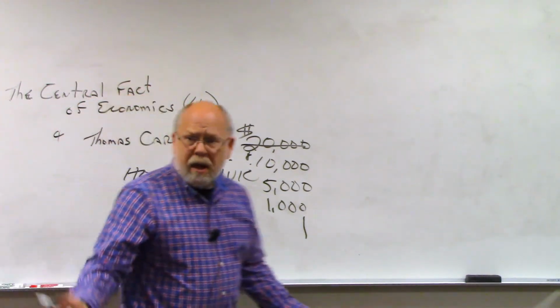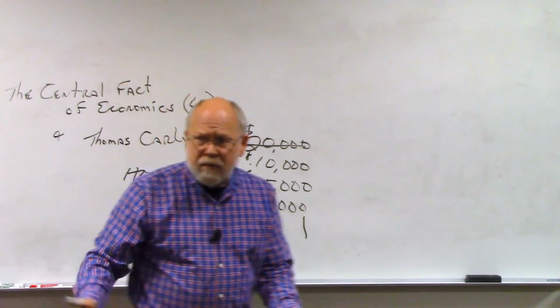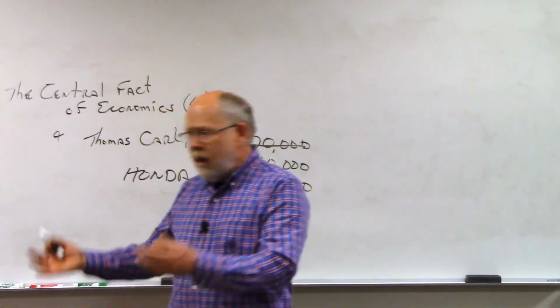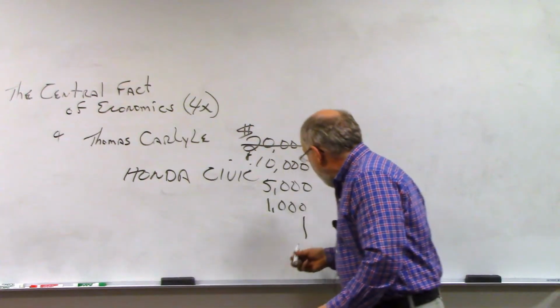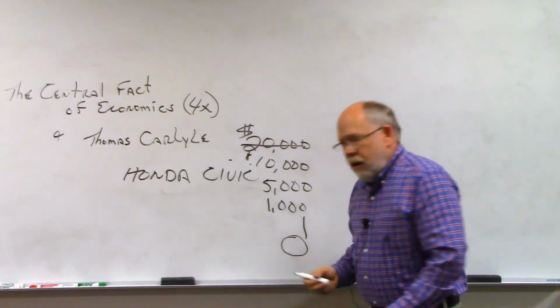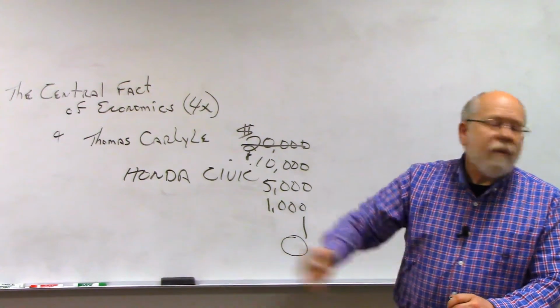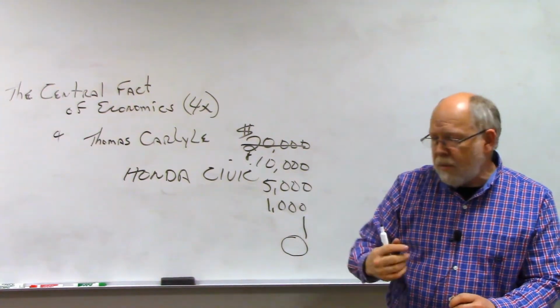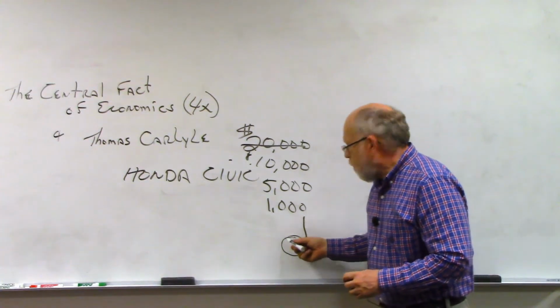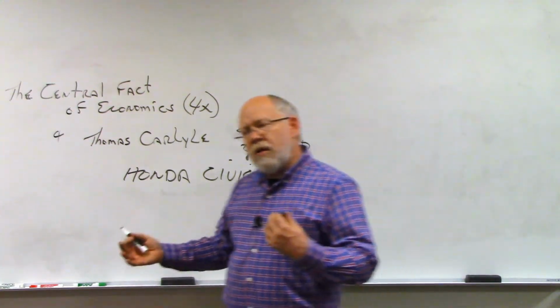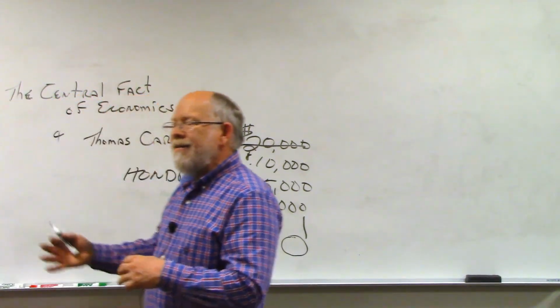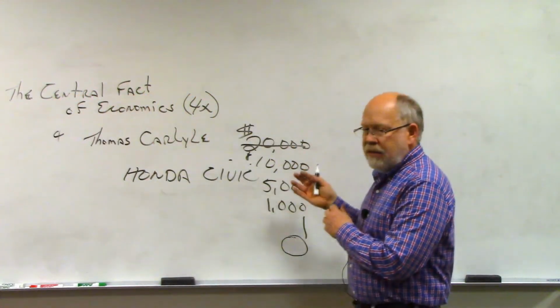We could just say, I need a car for every day of the week, for every hour of every day, of every color. Keep them coming, put them someplace, I don't care where. Because at a zero price, we could, in theory, acquire and consume an infinite amount of Honda Civics.